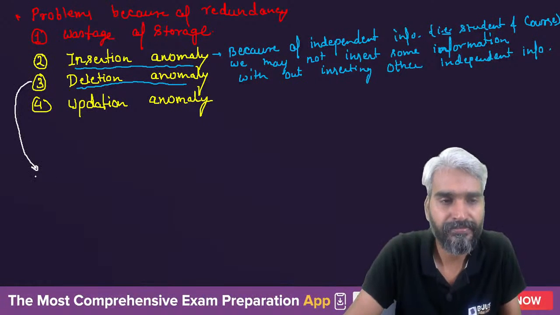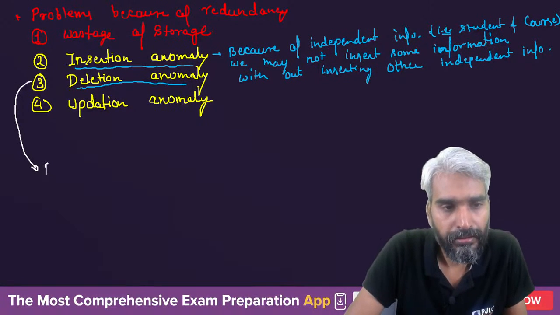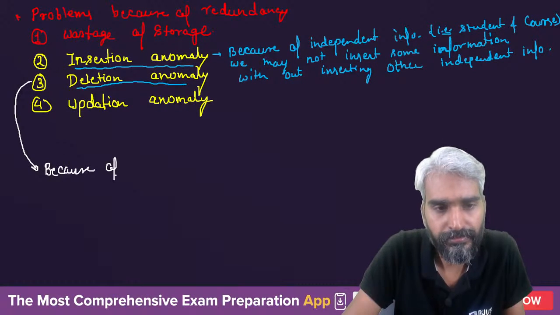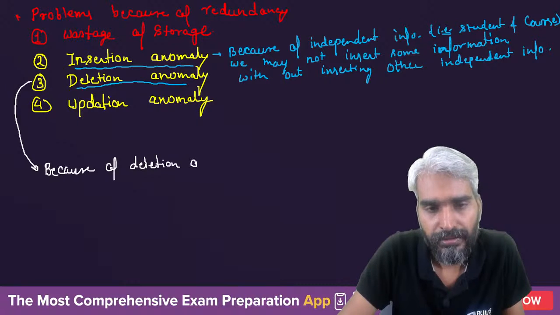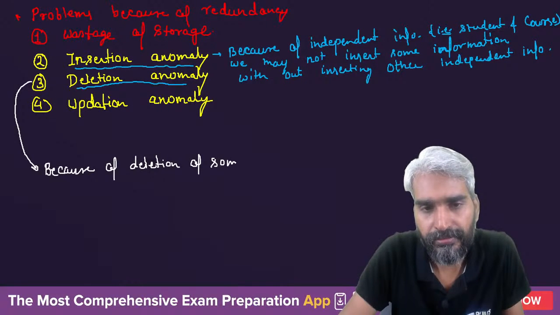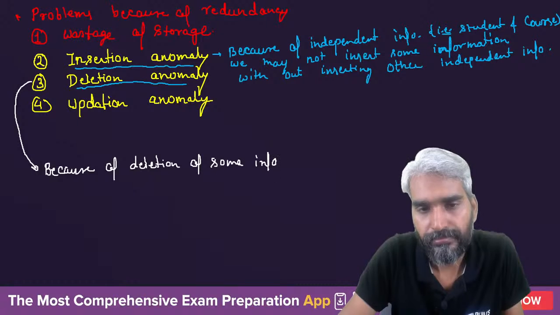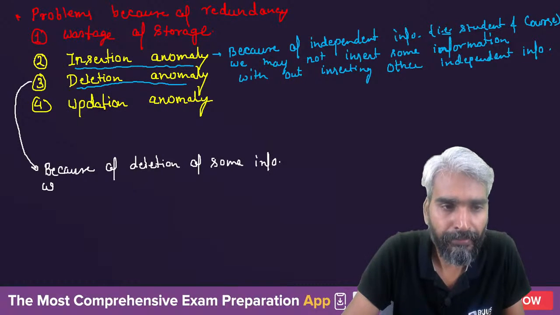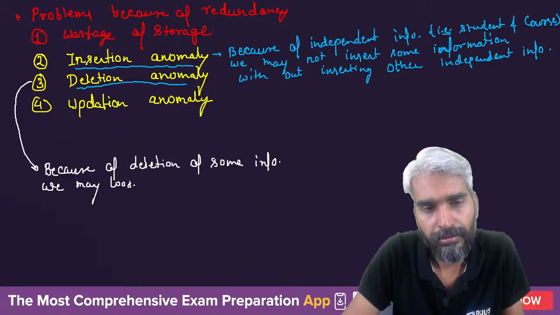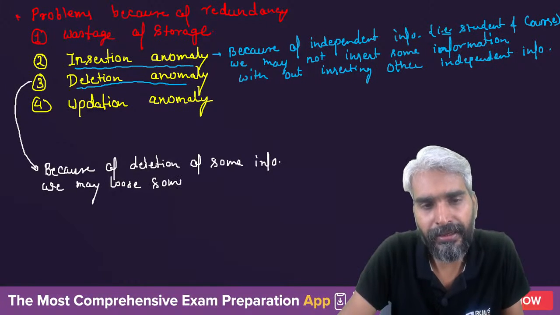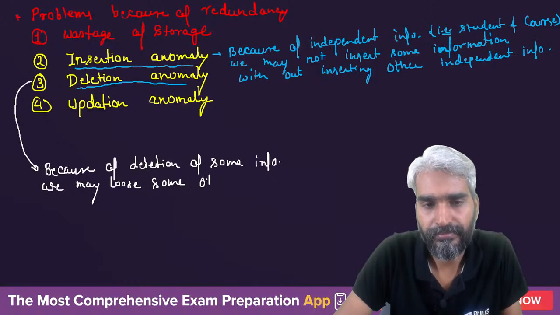It says that because of deletion of some information, we may lose some other independent information.